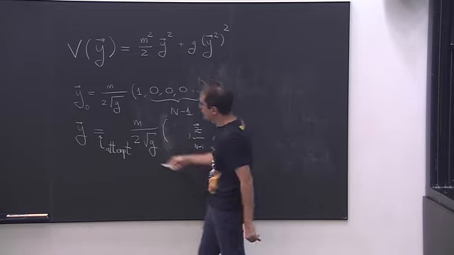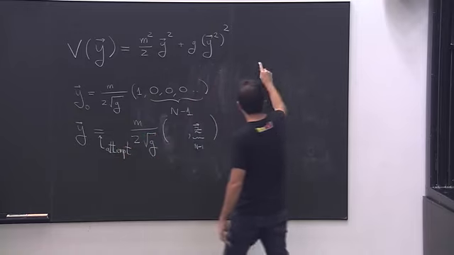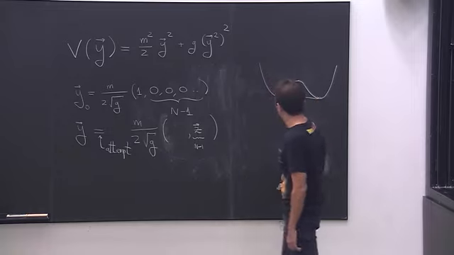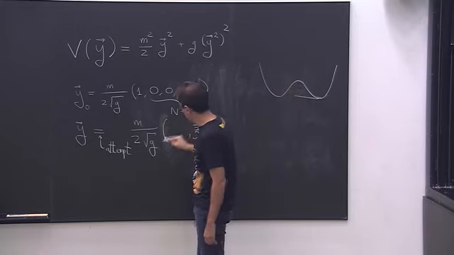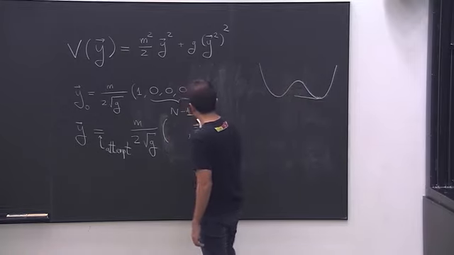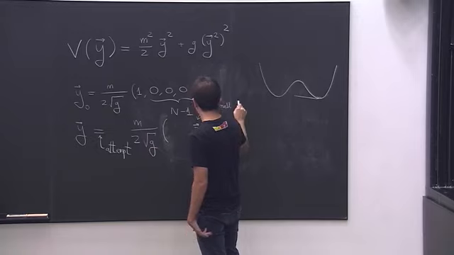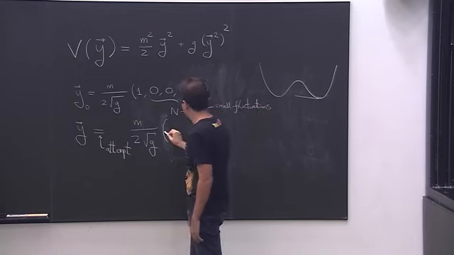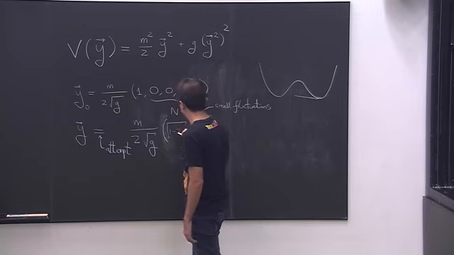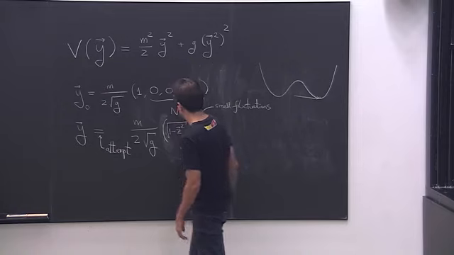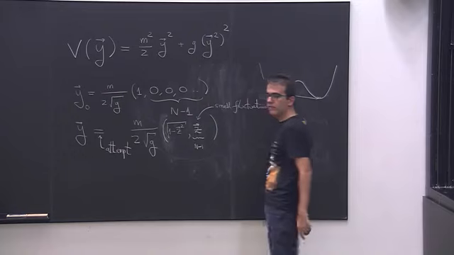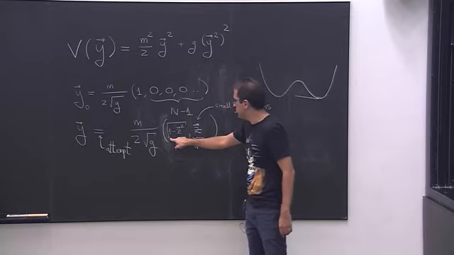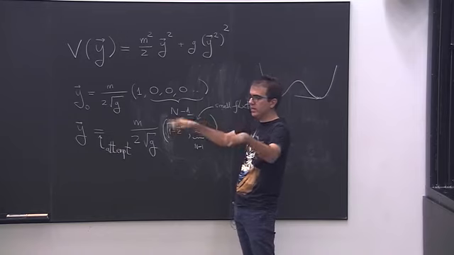And what I want to say is that my vector y will want to be here at the minimum of my potential. So y squared will want to be equal to this. So this value is very close to 1. So these guys are small fluctuations. So this would be something like the square root of 1 minus z squared. So we start around 1. Now we have here a unit vector where I have n minus 1 components, and then this vector is almost 1, but a little bit less than 1 if the other guys start fluctuating, right?